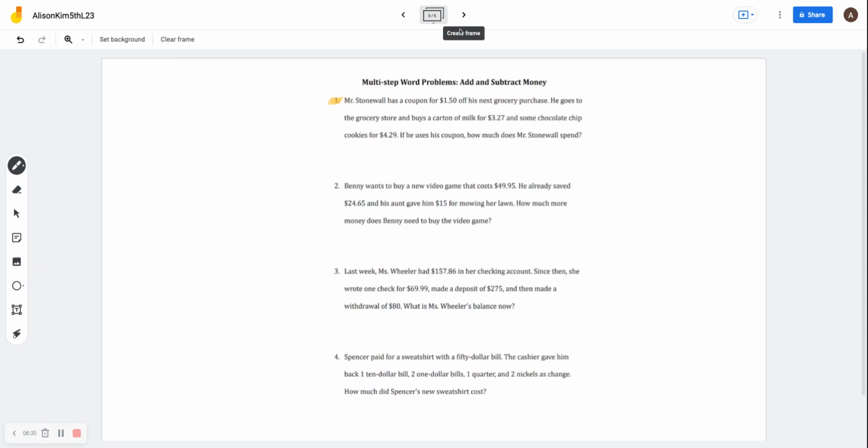Now we're going to be dealing with some word problems revolving around money. Number 1 says, Mr. Stonewall has a coupon for $1.50 off his next grocery purchase. He goes to the grocery store and buys a carton of milk for $3.27 and some chocolate chip cookies for $4.29. If he uses his coupon, how much does Mr. Stonewall spend?